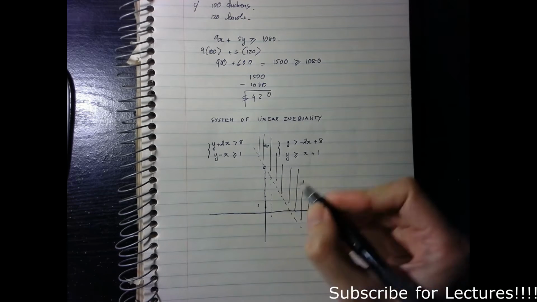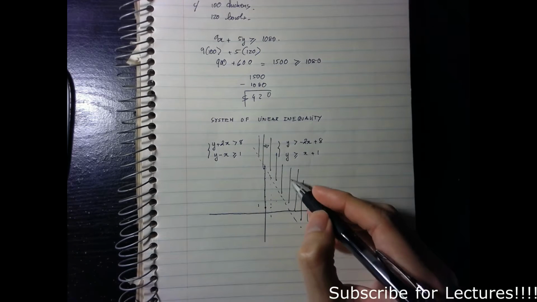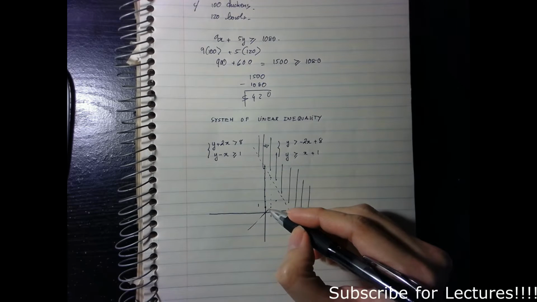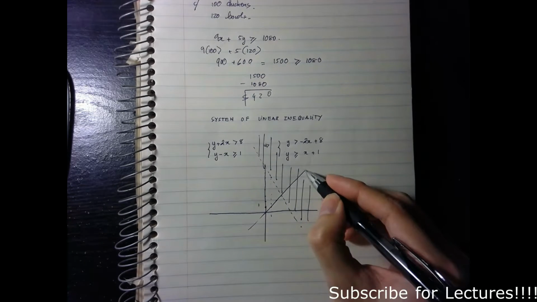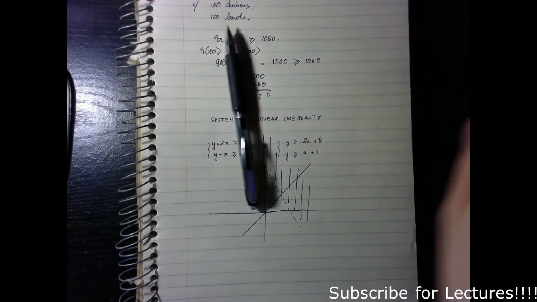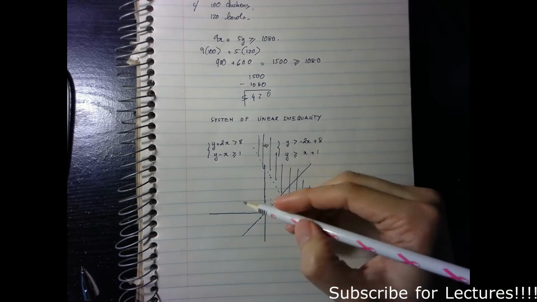Going up 1, going to the right 1, so it's going to be like this. And I use a solid line, and it's greater than also, so I set it above the line.